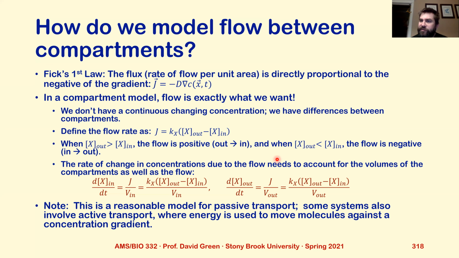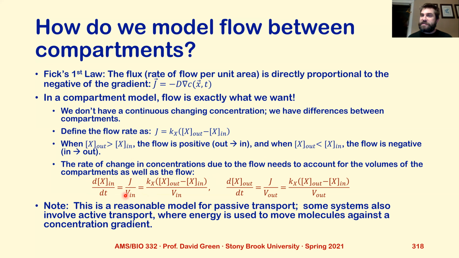We can make this conversion really quite simply by dividing through by the volumes. So we can just say that the rate of change of the concentration inside is this flux, this flow, divided by the volume inside.